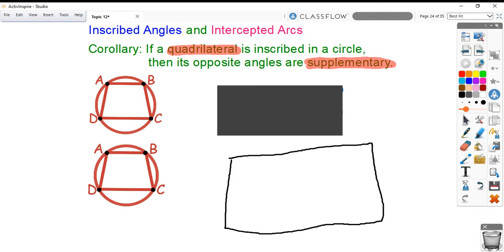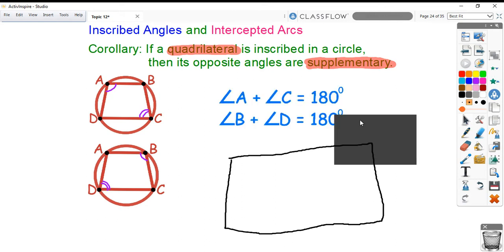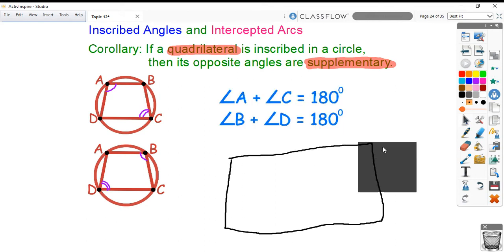So when you talk about opposite angles, in this example, that's talking about angle A and angle C are the opposites. Angle B and angle D are the opposites. So when it says that they're supplementary, that's saying that A plus C equals 180. That's saying angle B plus angle D equals 180.